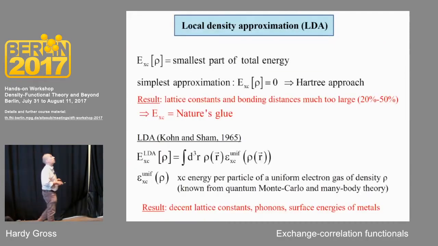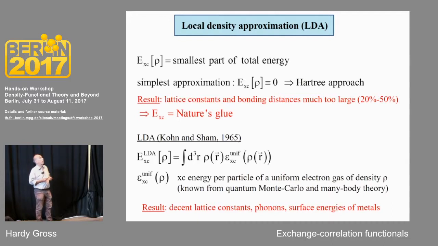Nevertheless, it's very important. But since it's small, well, the first idea that one might have is, well, let's neglect it altogether. That's the Hartree approach, actually not exactly the original Hartree approach, but the one that does not self-interaction correct. And so this is what people used in the pre-DFT times.